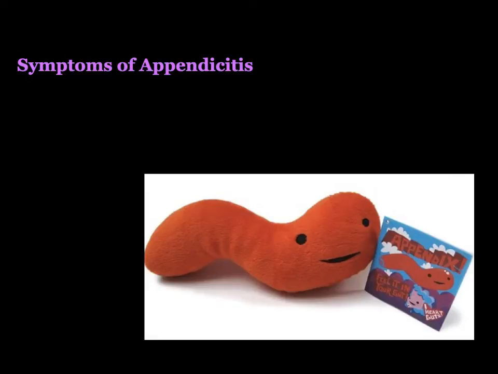What's interesting is that there seems to be a bimodal distribution. So we initially have the incidence being very high between the ages of 10 and 30, and then for unclear reasons, patients in their 60s and 70s tend to have a higher incidence of appendicitis again. This is called a bimodal distribution.